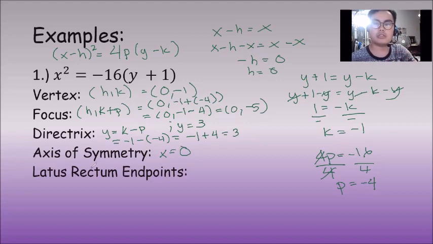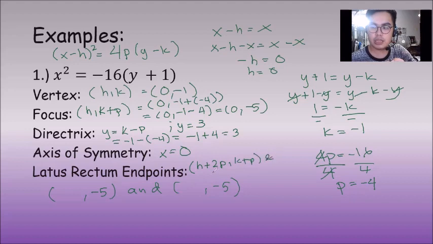In order to get the latus rectum endpoints, we're going to retain the y coordinate of the focus. But before that, we need to say that the endpoints are (h plus 2p, k plus p) and (h minus 2p, k plus p).